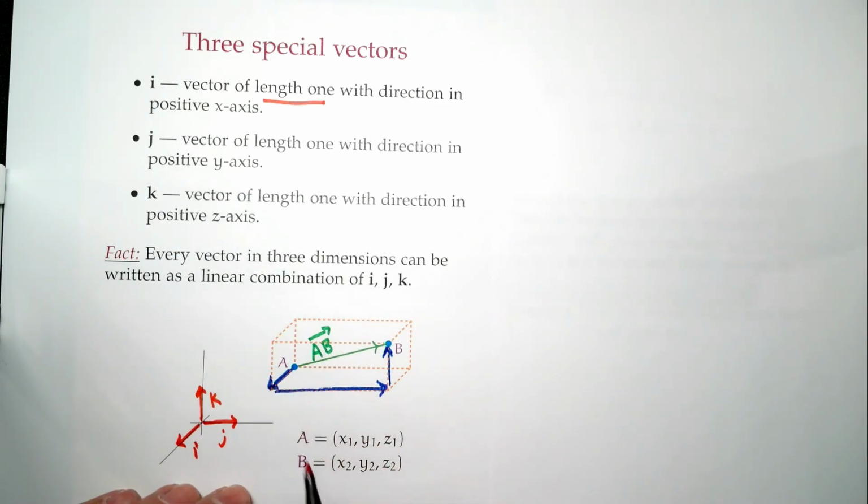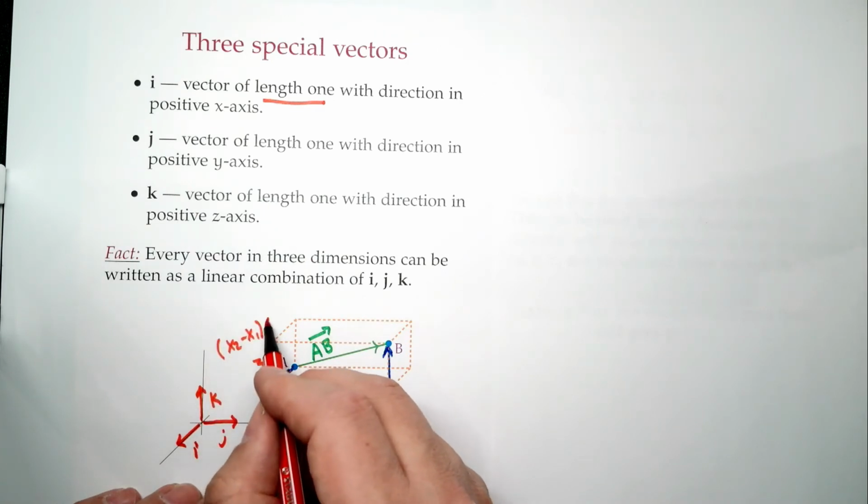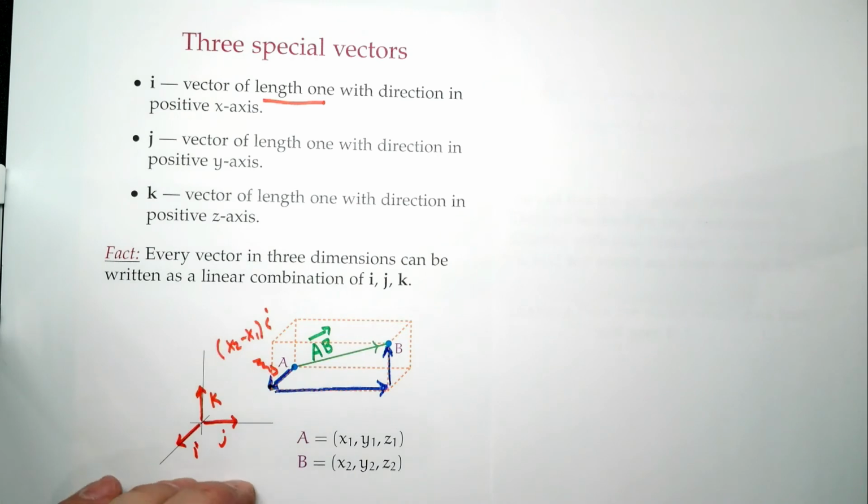I started at x1, I ended at x2, so how much did I change? x2 minus x1. So this first vector is x2 minus x1 times i, because it's the amount of change in that direction times a vector that points in that direction. What about the second vector? Which direction am I going?